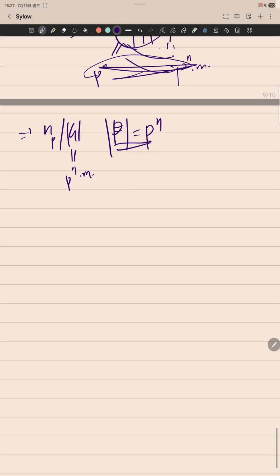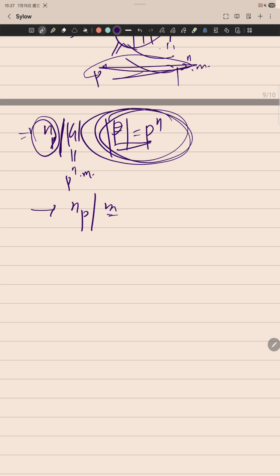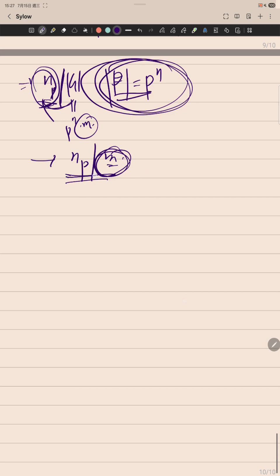So if n_p divides this, then n_p must be a factor of m, because p to the n is already very large. If you have a lot of different Sylow p-groups, then their number needs to divide the remaining part. So n_p just divides m.